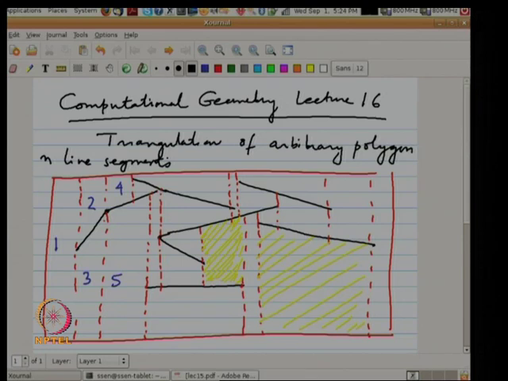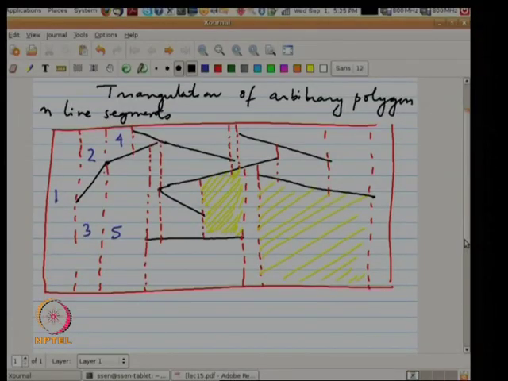So, we would have drawn at most 2n vertical lines, and these 2n vertical lines would have 4n additional points.